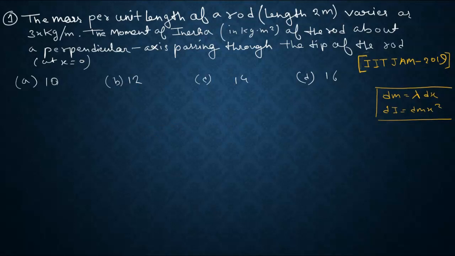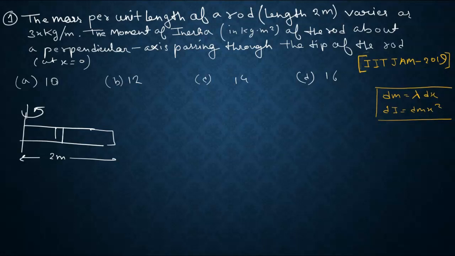So let's say we have a rod here of length 2 meter, and we need to find the moment of inertia about this axis, right?